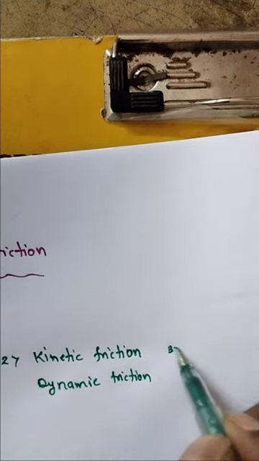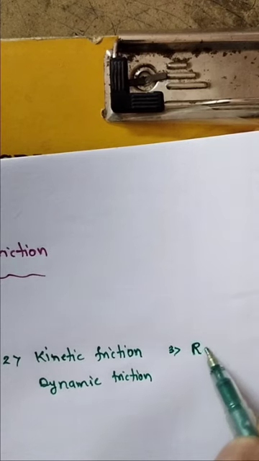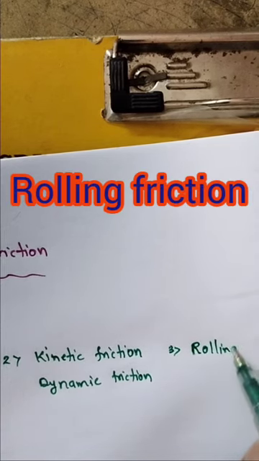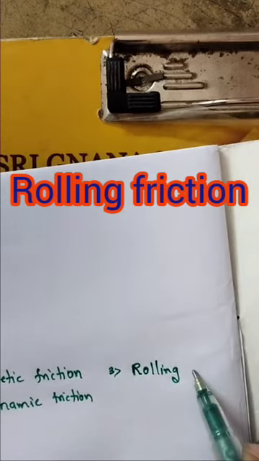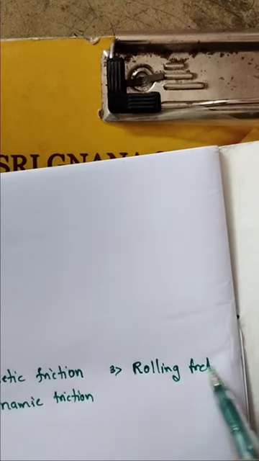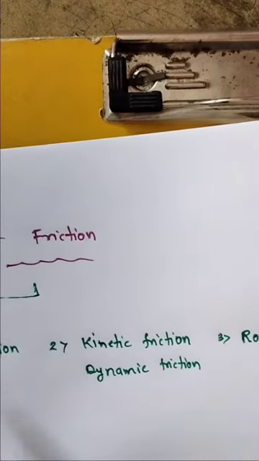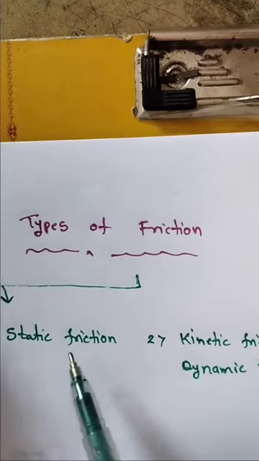And the third one is called rolling friction. So how many types of friction? One is static friction, another is kinetic friction, and the third is rolling friction.